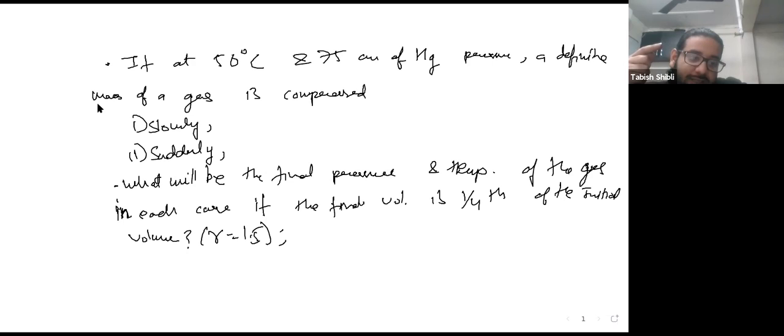When one says slowly, one means quasi-static. And when one says suddenly, one means adiabatic. No heat is being put in. If you do it very quickly, there isn't enough time for heat to flow inside or out. So what will be the final pressure and temperature of the gas in each case?